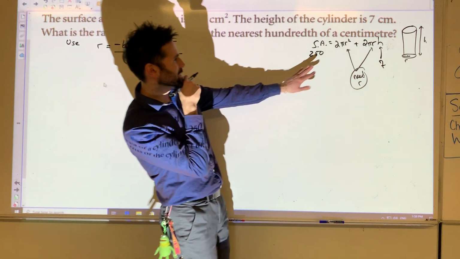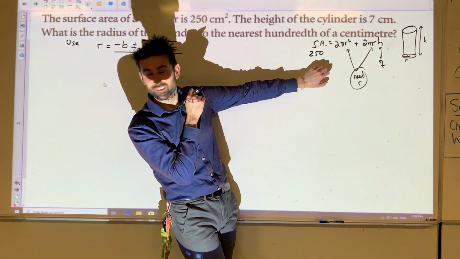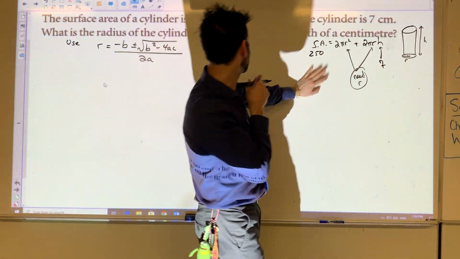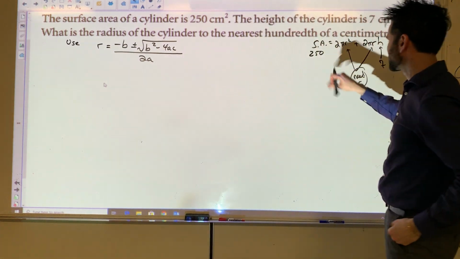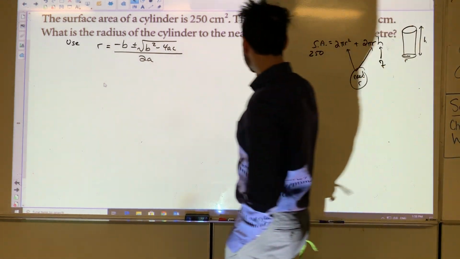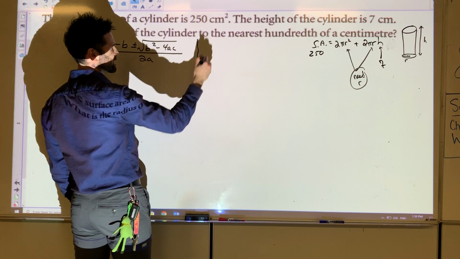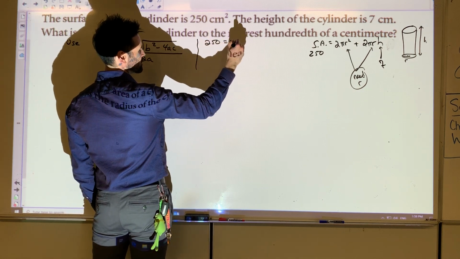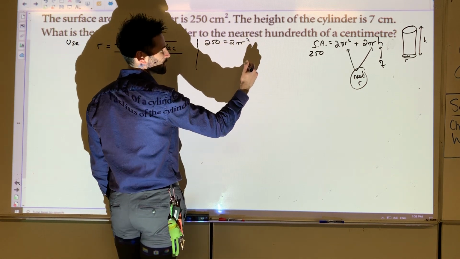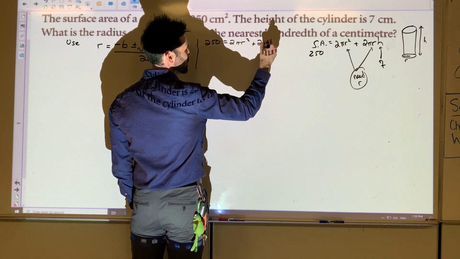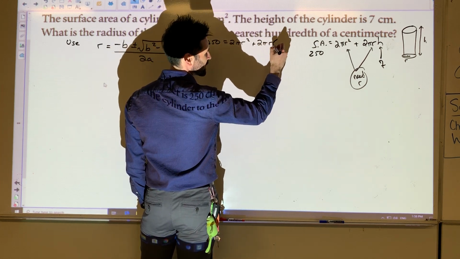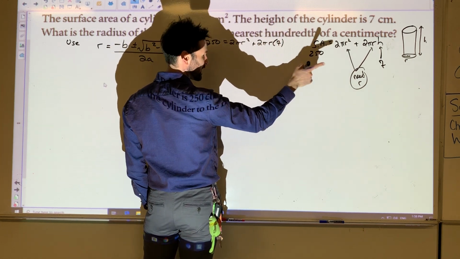Now, do I have this thing set equal to 0? No. So one of the first things I should do is get this equal to 0. I'm going to recopy it over here: 250 equals 2 pi r squared plus 2 pi r times 7, because that was the height.